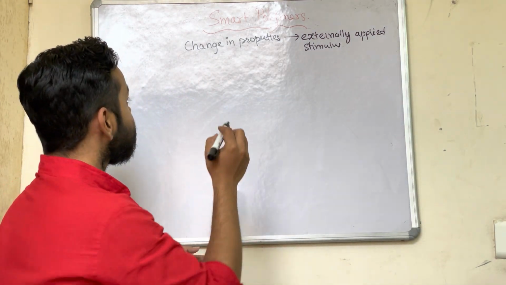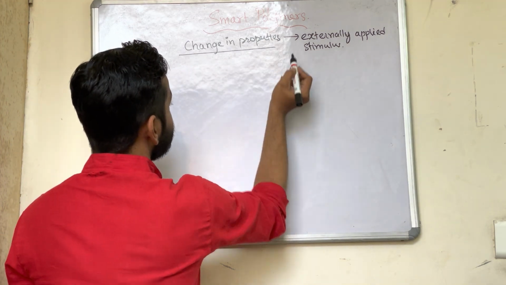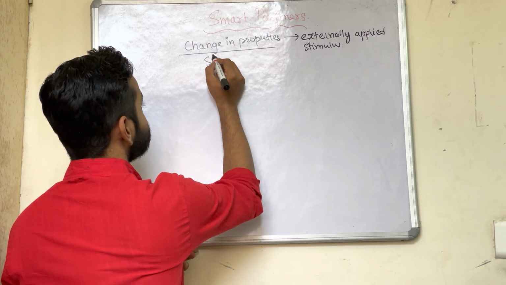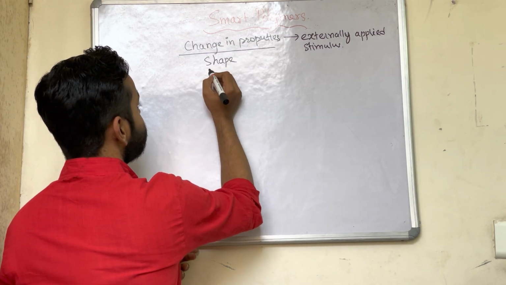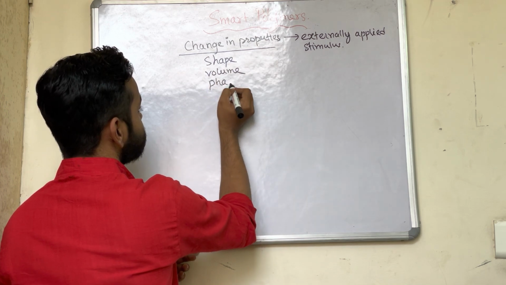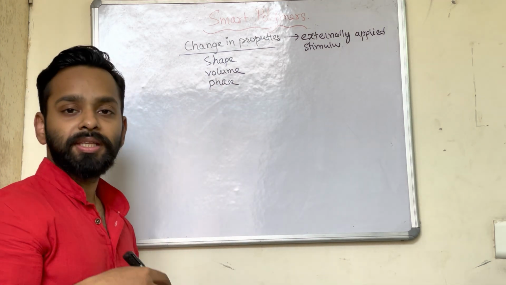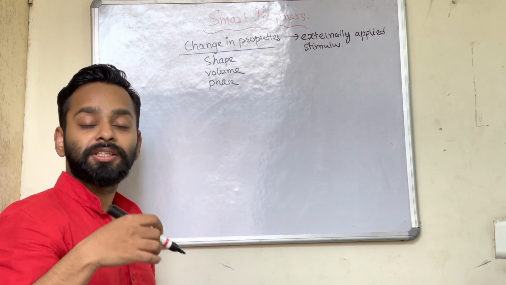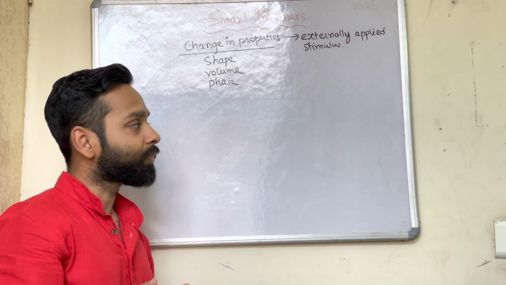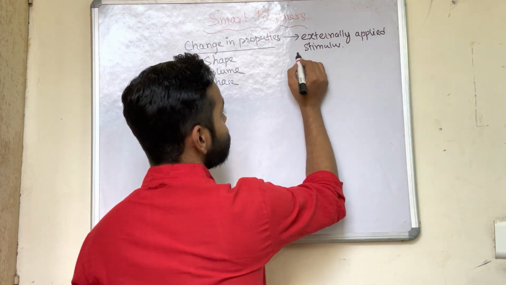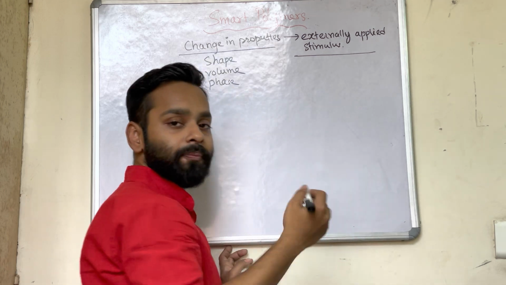Now, these changes in properties can be changes in their shape, their volume, their phase, and also changes in properties such as conductivity, viscoelastic properties or mechanical properties. But we need to remember that these changes are brought about by an externally applied stimulus.